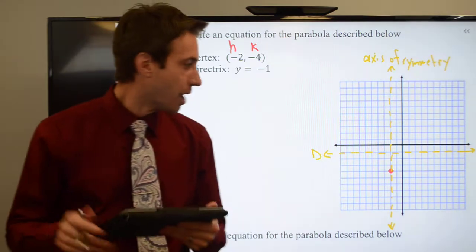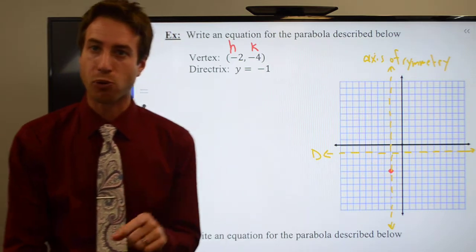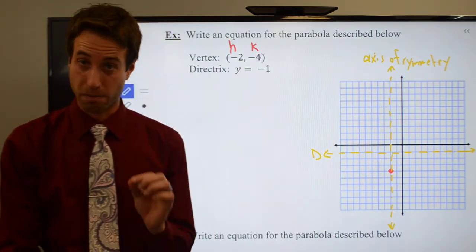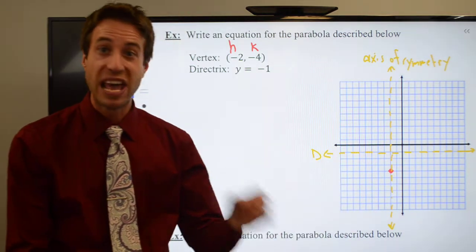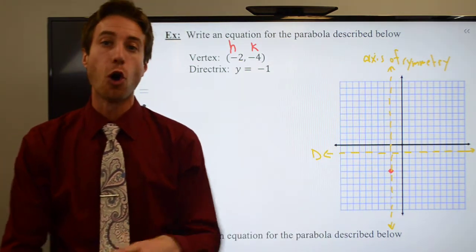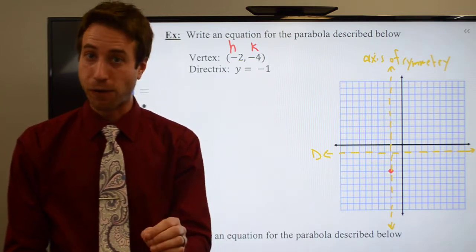And at this point, drawing in the parabola should be pretty straightforward. Remember, the parabola must go through the vertex. And the parabola will always open around the focus and away from the directrix.